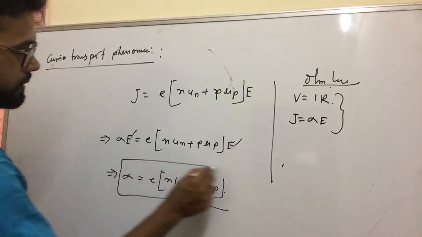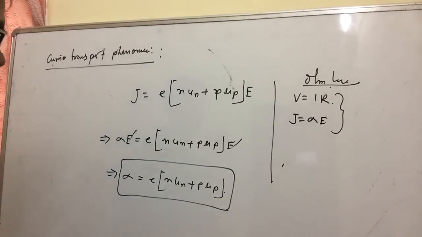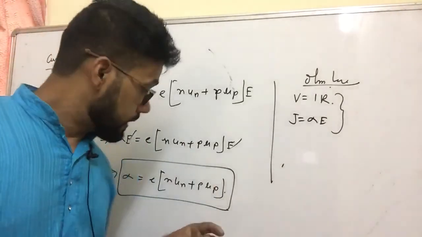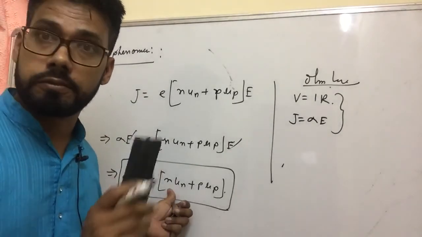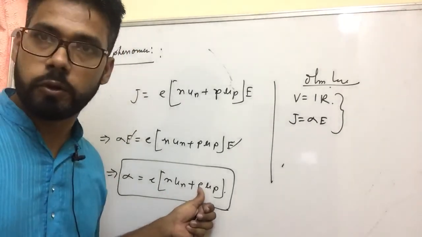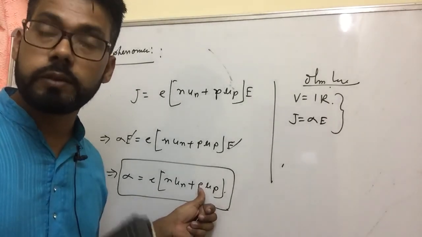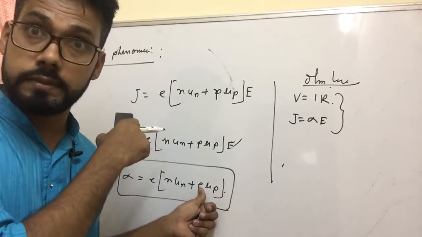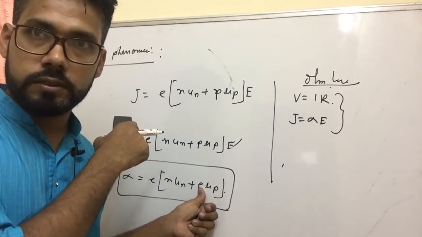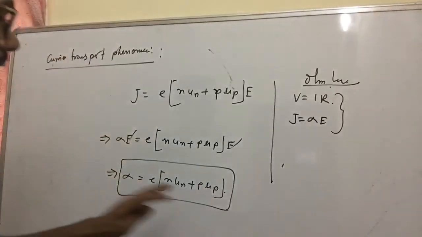This is the conductivity in a semiconductor. Now n is the number of electron carriers in the semiconductor, which you have to calculate using the density of states. Similarly, p is the number of hole carriers, which you also calculate using the density of states function. That is what I derived in the last derivation. This is the density calculation.